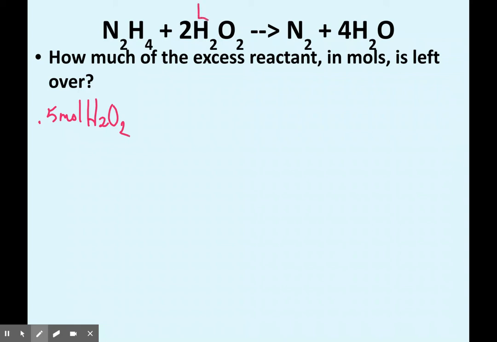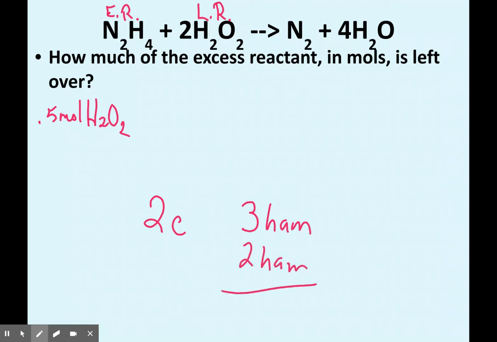So this is a limiting reactant, which means that the other reactant is my excess reactant, that we're going to have some left over, just like we had some bread and some meat left over. So this says how much of the excess reactant in moles is left over. Well, with the cheese, if we had 2 pieces of cheese and then we had 3 pieces of the ham, and we're going to make 2 sandwiches, we only need 2 pieces of ham. So that means we'd have 1 piece of ham left over. That's basically what we're going to do here.